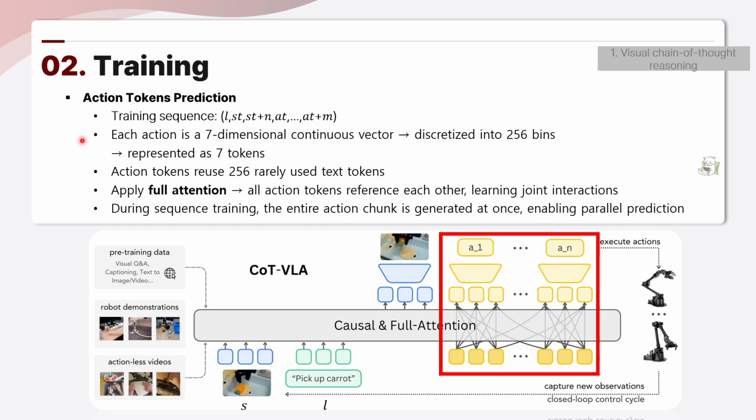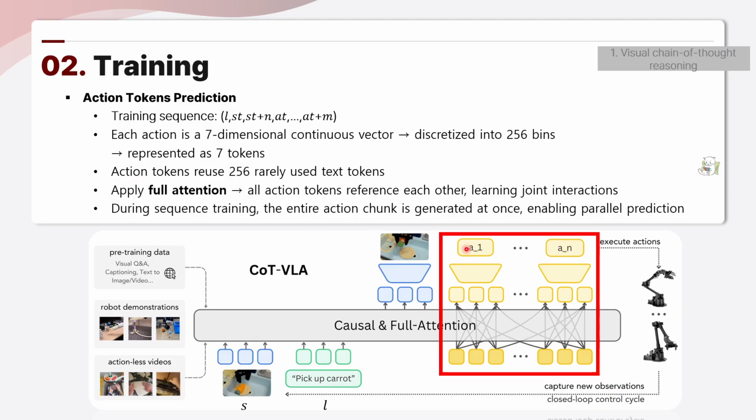So each dimension is quantized into 256 bins and finally represented as 7 tokens. Interestingly, these 256 tokens are reused from the text vocabulary, specifically the ones that are rarely used.